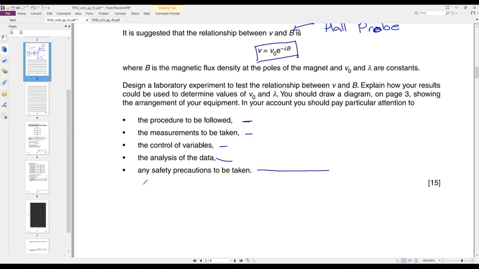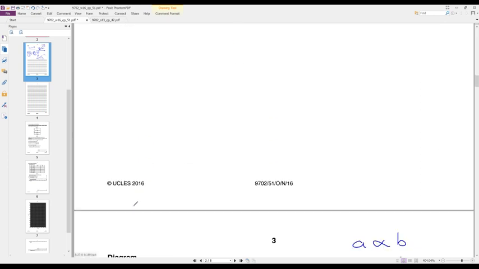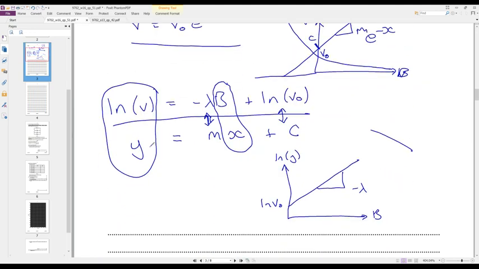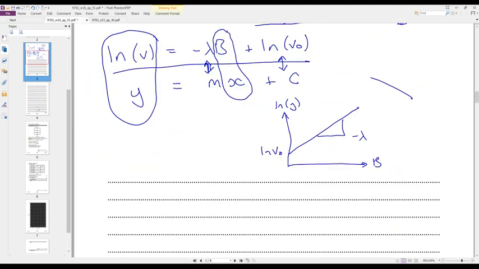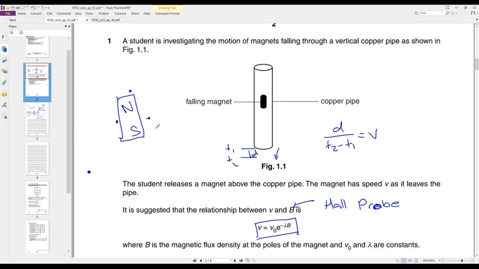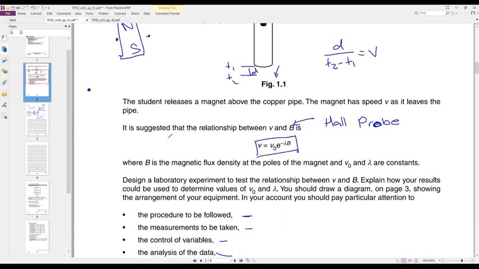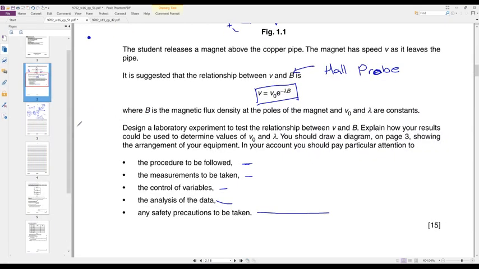Number 8 was for the equation that we already talked about. Number 9 is talking about, when we plot this graph that we've been talking about, our initial question asked us, it is suggested that this is a relationship. Test the relationship. So in practice, we're looking for values of v and lambda. But in theory, what we're actually testing is, is this equation valid at all?